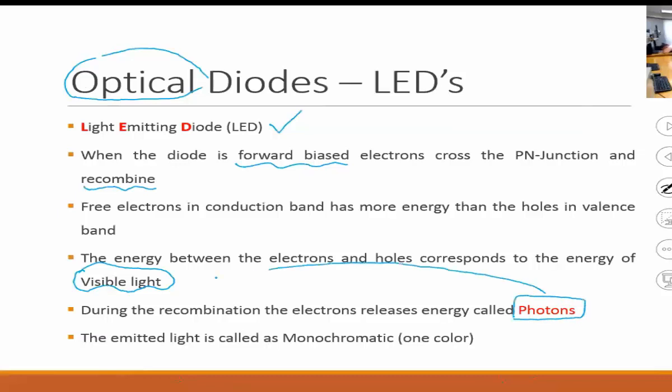Photons is basically like electrons, but it's a term that we use to reference the particles of light. Electrons are used for referencing the flow of current in an electric field. Similarly, photons is a term we use; it's very similar to electrons, but from the light perspective.